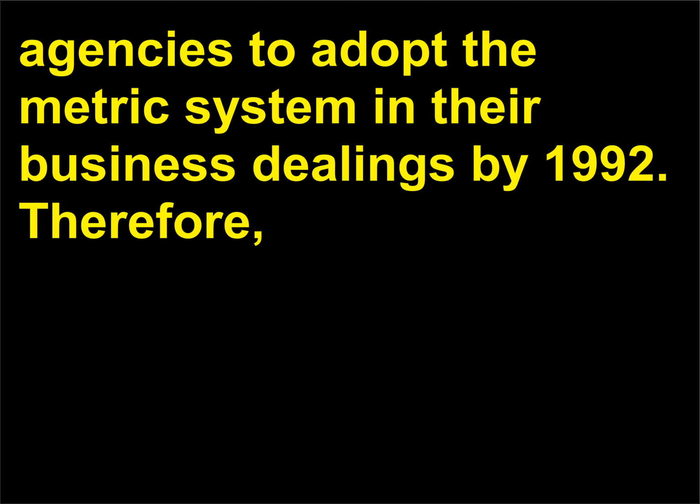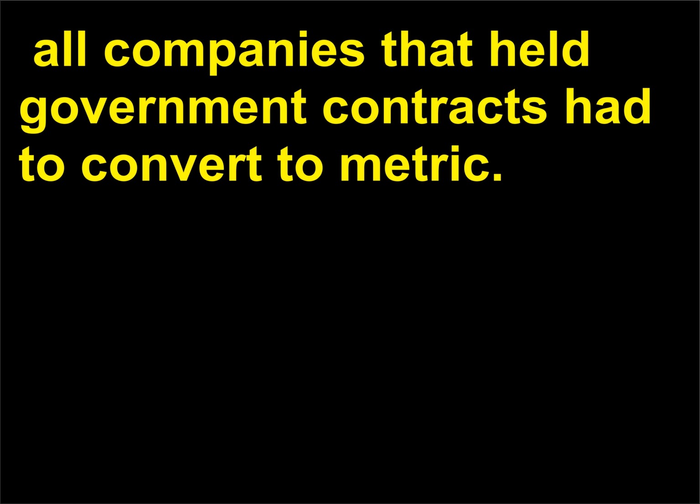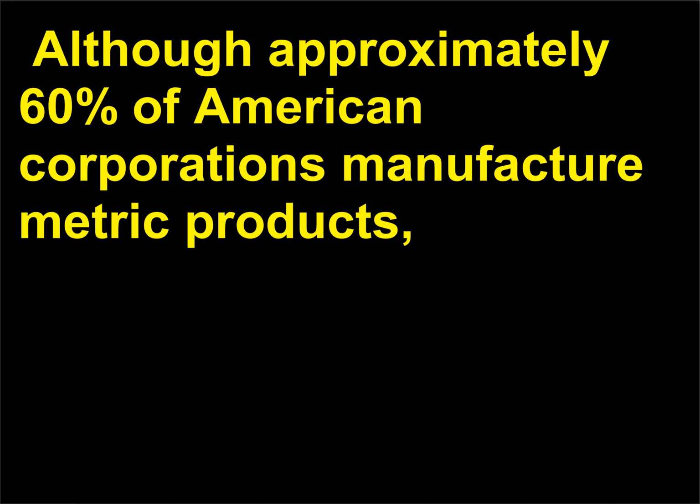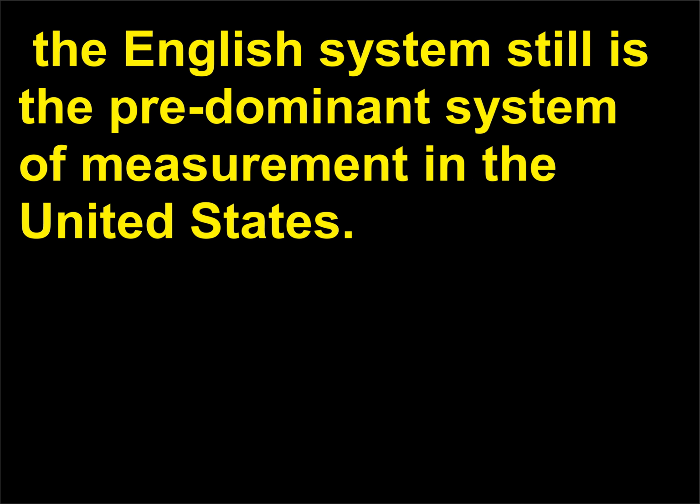Therefore, all companies that held government contracts had to convert to metric. Although approximately 60% of American corporations manufacture metric products, the English system still is the predominant system of measurement in the United States.